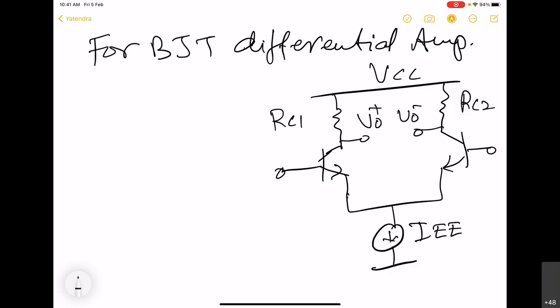So for BJT also, one has to apply distinct base voltage so that the VO is equal to 0.